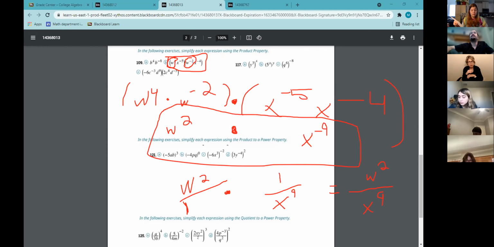For instance, in the next problem, 121, I have an answer that's negative 125 a cubed b cubed. Would negative 125 be all right? Yeah, usually they want you to expand that out and write it out. That's right. Okay. We usually don't want numbers to exponents. If we can evaluate it, we usually want it evaluated. I think that's coming up in the next one. Definitely comes up in 121.